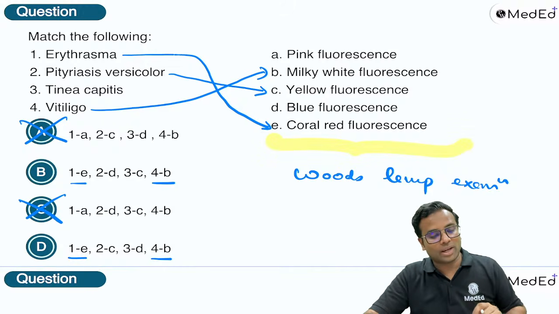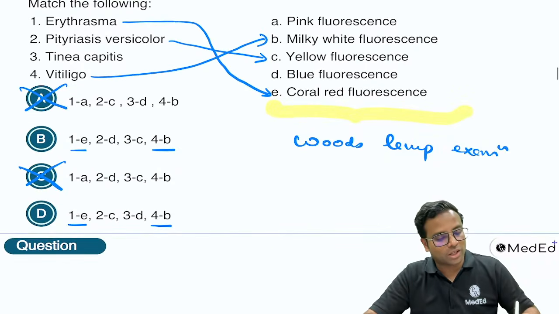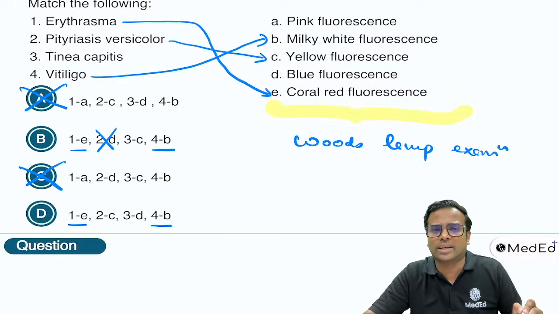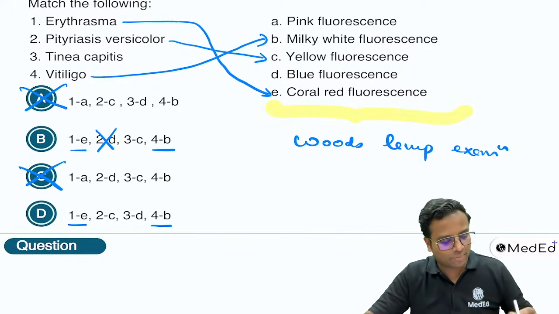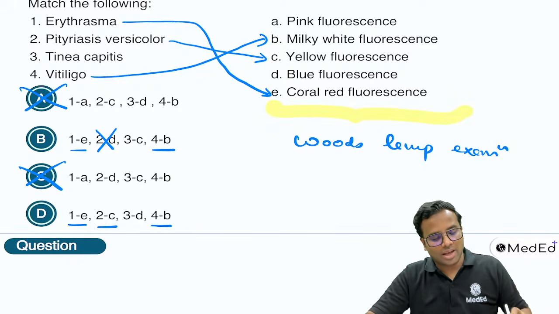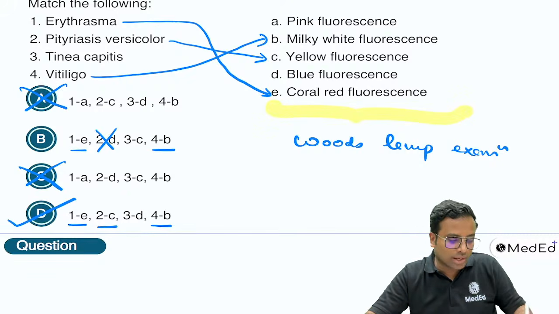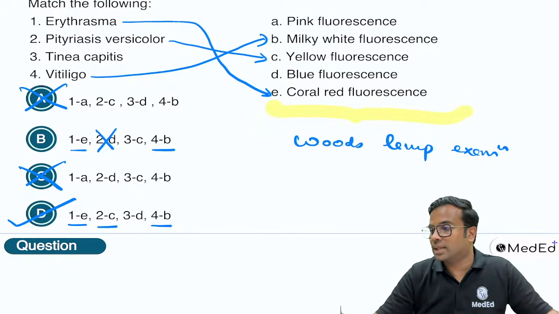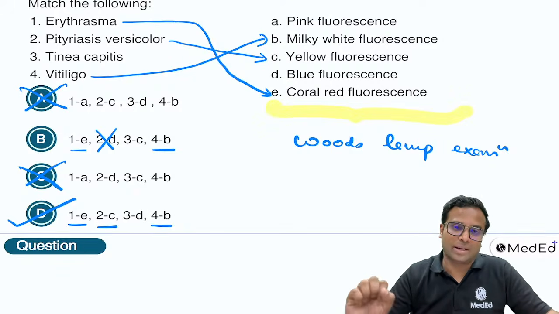So let's see where 2C is going to match. Here it is 2D, blue color. We don't get a blue color in pityriasis versicolor, right? 2C is matching. And 3 is matching with D. That is, tinea capitis is blue. So the correct answer should be D. So Petals and Places, you were absolutely right.